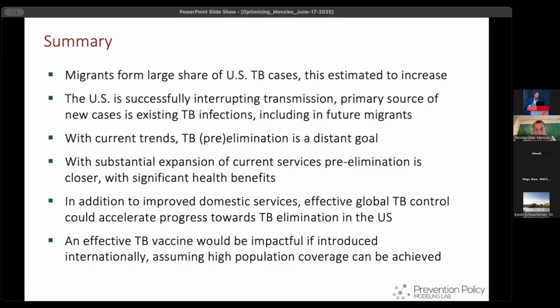If things keep going as they are, we won't get to pre-elimination anytime soon. If we do better, either within or outside of the United States, we could get to pre-elimination a lot faster. Elimination itself is still a while away. All of these interventions would have substantial health benefits, despite not getting to elimination soon. And a vaccine, even if only used outside of the United States, would still be impactful.